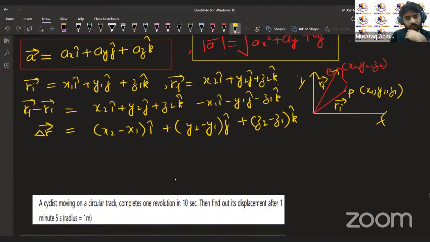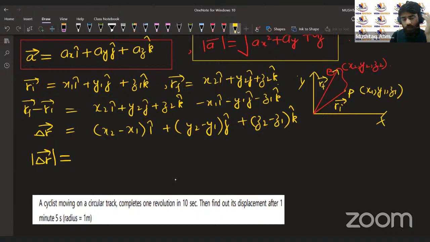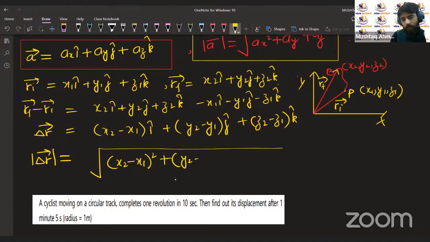And the magnitude of this displacement vector will be calculated in the same manner. It will be the square root of (x2 minus x1) whole square plus (y2 minus y1) whole square plus (z2 minus z1) whole square.